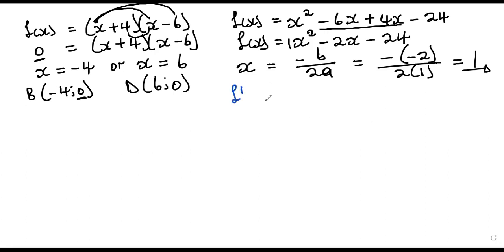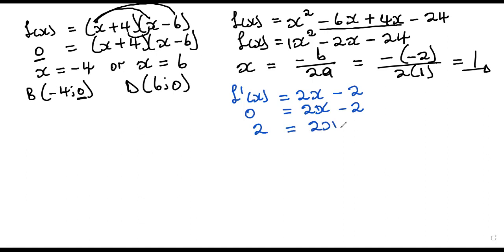If you differentiate this function, you are just going to get 2x minus 2 like that. But you know that at the turning point, the derivative is equal to 0 like that. Then you take negative 2 to the left, it becomes positive. You are left with 2x there like that. And then you divide both sides by 2. So this means your x equals positive 1.